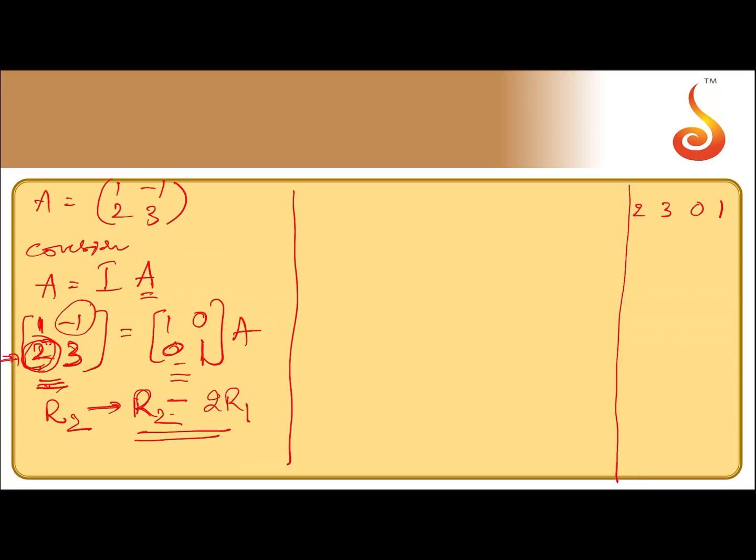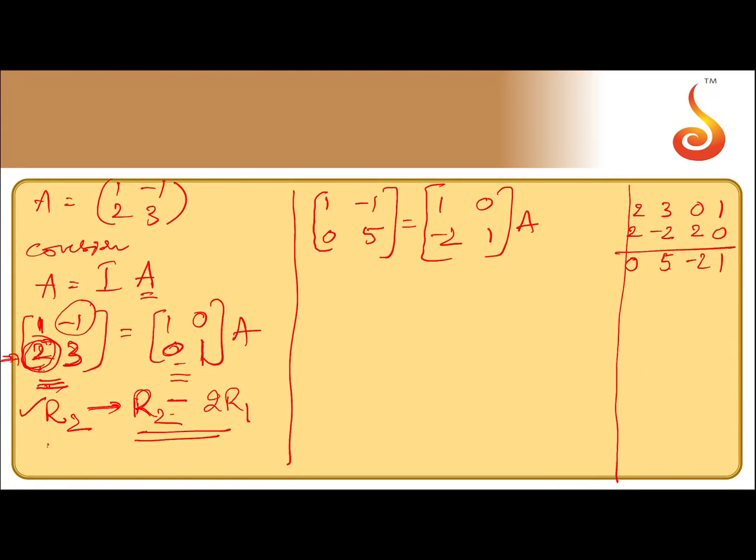First row elements multiplied by 2 are 2, minus 2, 2 and 0, and subtracting them, you get an equivalent matrix wherein there is no change in the first row, only in the second row: 1, minus 1 in the first row, and the second row is obtained from the rightmost calculations: 2 minus 2 is 0, 3 plus 2 is 5, 0 minus 2 is minus 2, and 1. So 0, 5, minus 2 and 1.